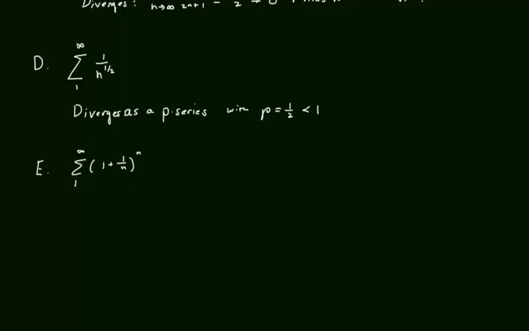Example E, the sum from 1 to infinity of the quantity 1 plus 1 over n, all to the power of n. What does this do by observation? Diverges. Why does it diverge? Well, I don't know if you see this, but the limit as n goes to infinity of 1 plus 1 over n to the n. What does that go to? That goes to e.